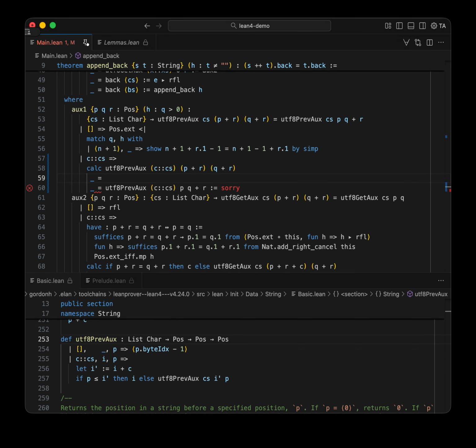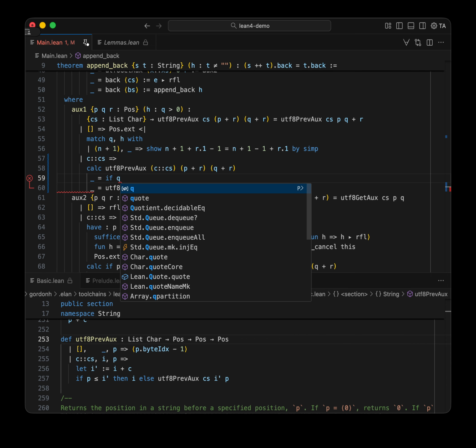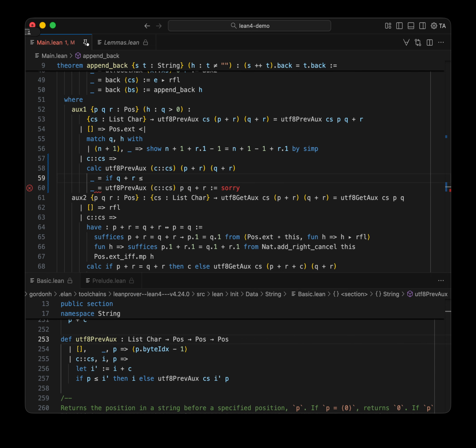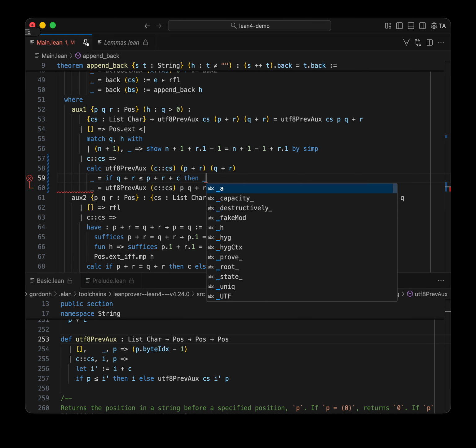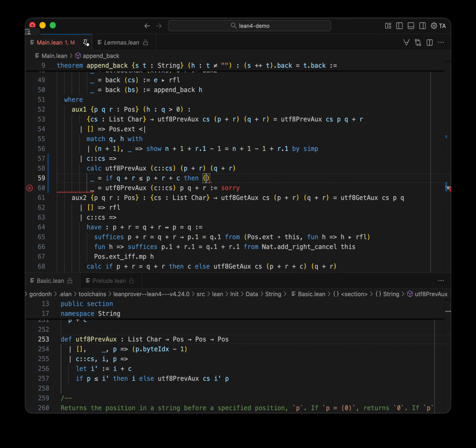This should be definitionally equivalent to, no, no, no, no. Q plus R. P plus R. Yes.